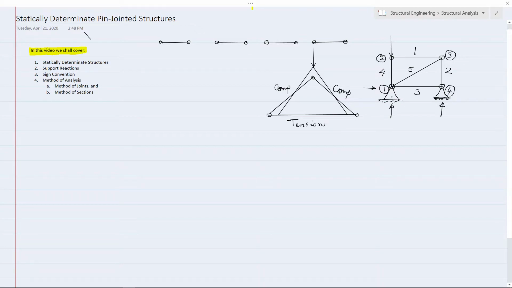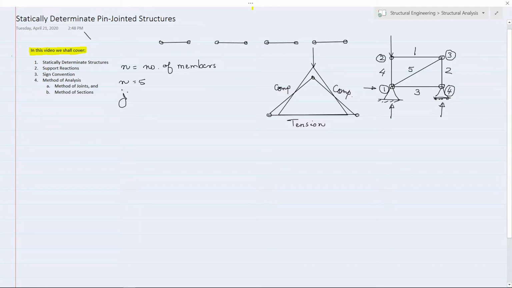So if we count, say n is the number of members. Here we can see there are 5 members. So in this particular example there are 5 members. If we want to count the number of joints, we can see that there are 4 joints.